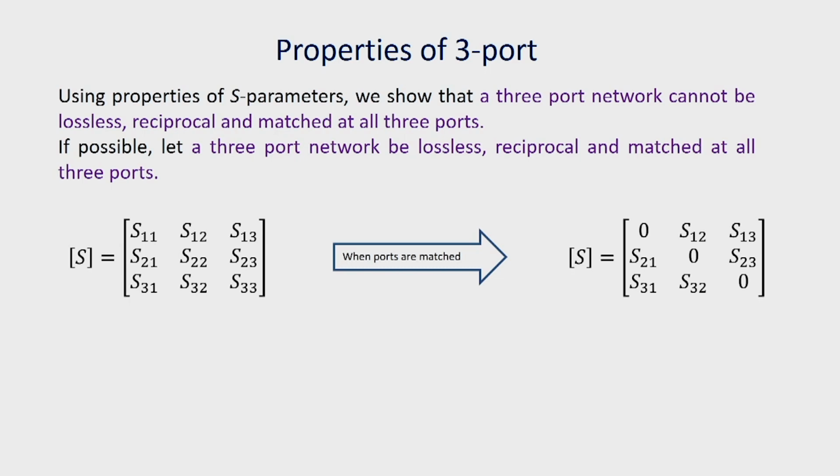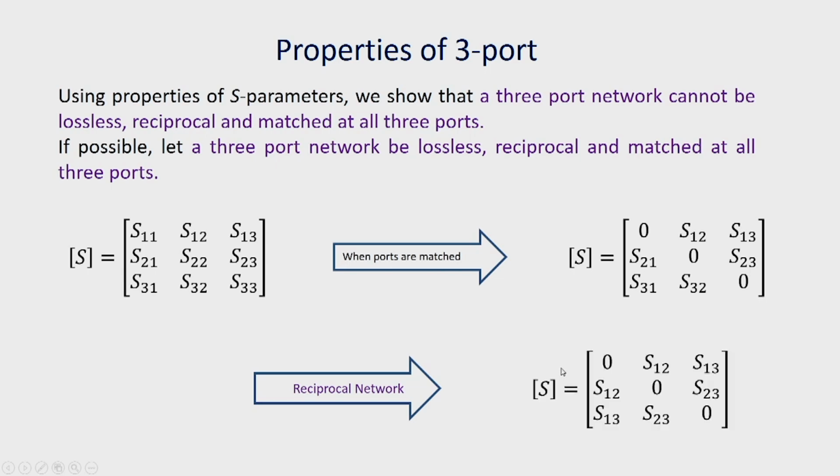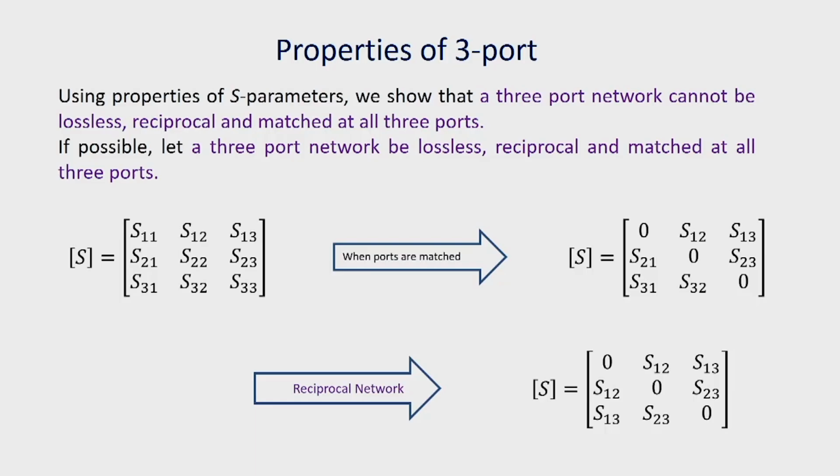Next, if we consider it to be reciprocal, then the S matrix is symmetric. So, we will have S21 equal to S12, S31 equal to S13, and similarly S32 equal to S23. This is the form of the S matrix when it is matched at all 3 ports and also reciprocal.